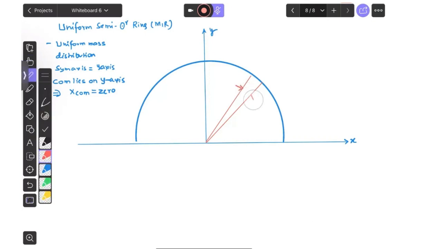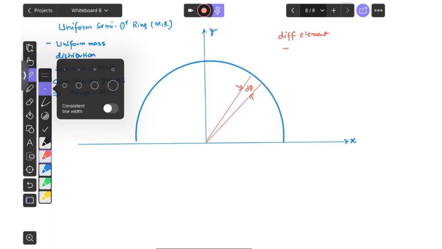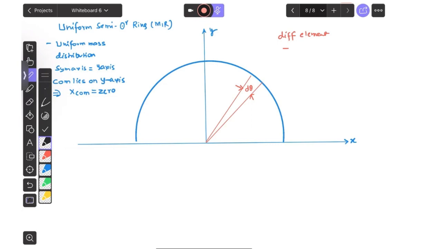So I'll just write down. In this case, the differential element is an infinite number of strips, each one making a very small angle, which we call an infinitesimally small angle.